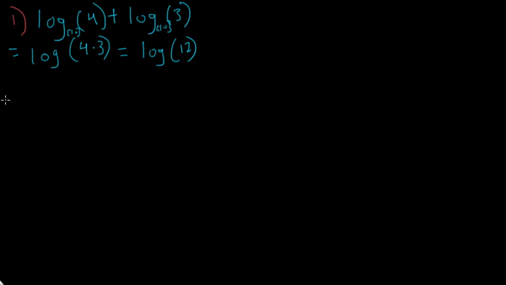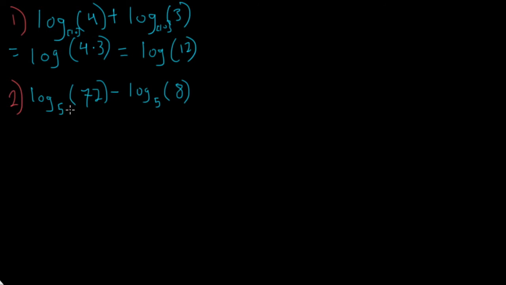All right, now let's try another one. So for this one, we're going to have log base 5 of, say, 72 minus log base 5 of, let's say, 8. All right, so try to figure out what that's going to be.